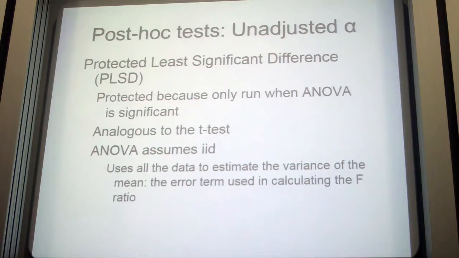The other reason that I like it is that it's based on the assumption that the ANOVA uses of independent and identically distributed error terms. So when we do these tests and then change the way that we test, we go to the studentized range. The way that SPSS does these comparisons doesn't even use the pooled variance estimates.